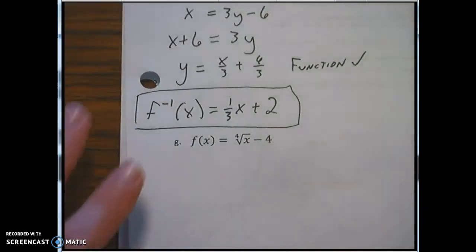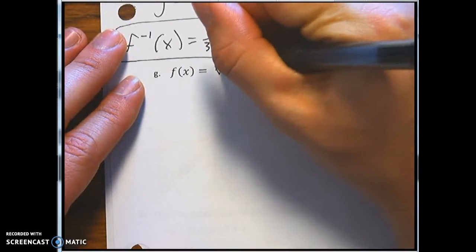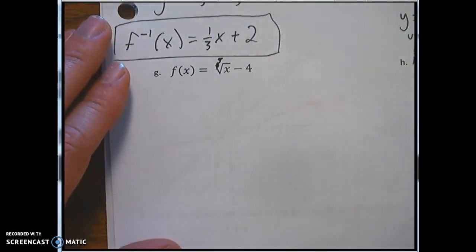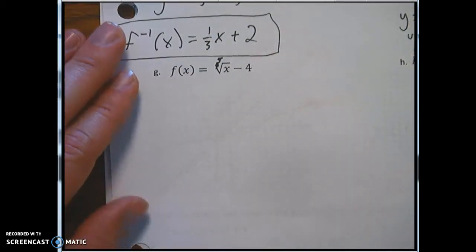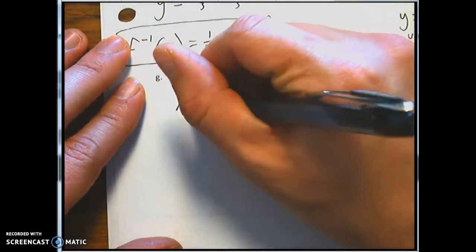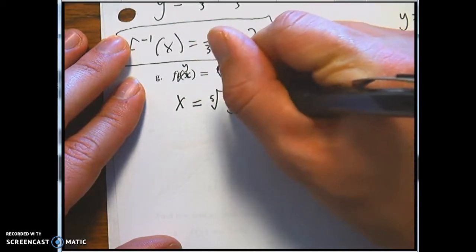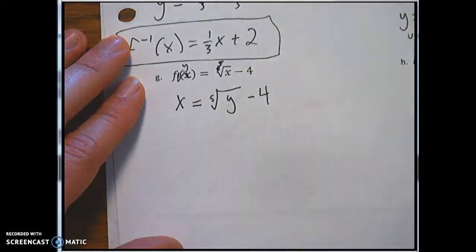All right, let's talk about, first off, make this a 5. f of x equals the 5th root of x minus 4. Change it to a y. Exchange the x's and y's. x equals the 5th root of y minus 4.